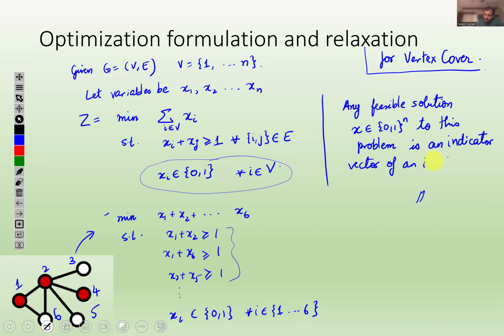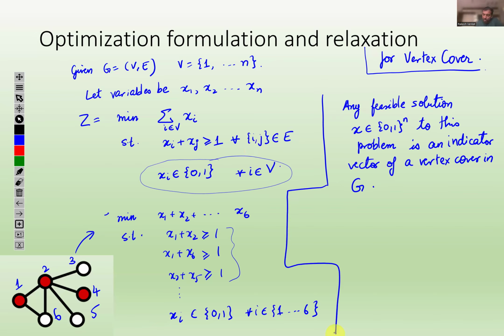Oh, so I keep saying independent set. It's of a vertex cover in G. I'm sorry. We have spoken enough about independent sets. So it's the indicator vector of a vertex cover in G. Why is that? Well, for every edge, at least one of the endpoints is 1. So if I just collect the vertices that are set to 1, then I will get a vertex cover in the graph. Okay. So all feasible solutions are there.